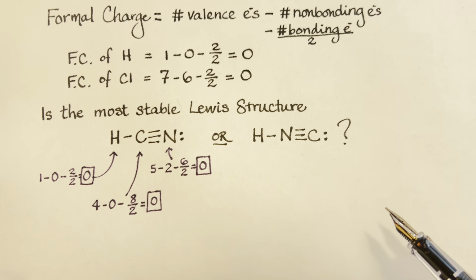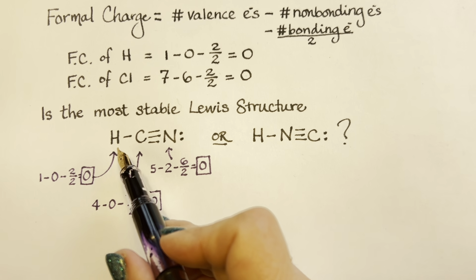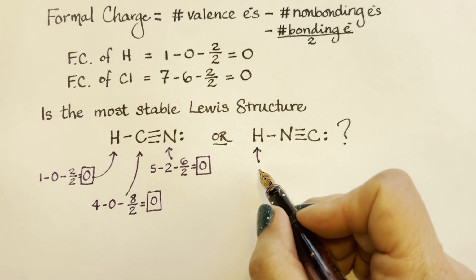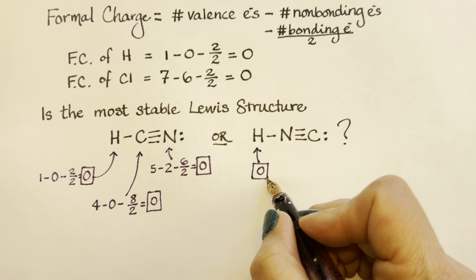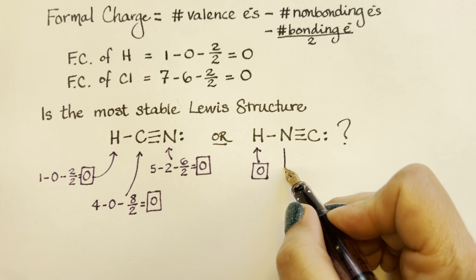But formal charge is going to give us some more information. This hydrogen is identical to this one here, so we already know that its formal charge is 0. How about the nitrogen now in this molecule?